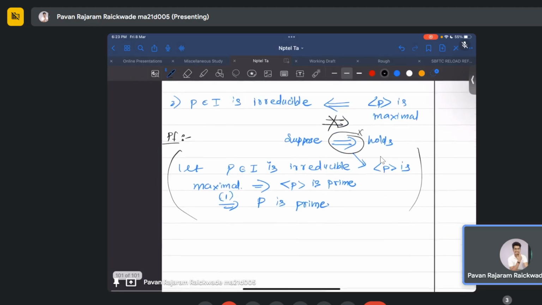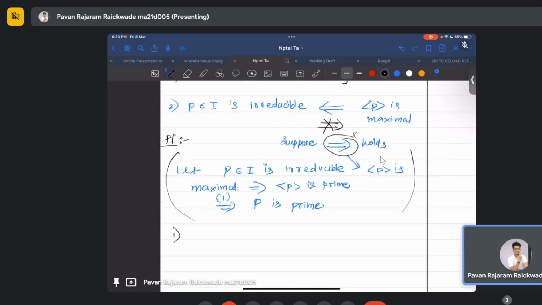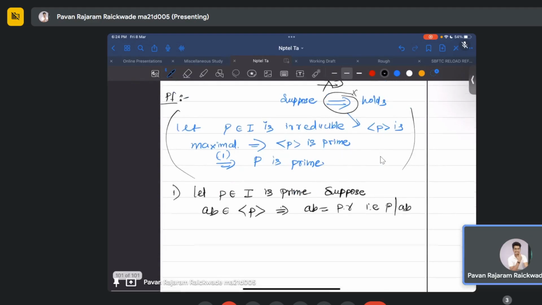So now we'll prove the original direction. One is very easy. I'll just give a quick proof. Prime. The claim is the ideal generated by P is a prime ideal. Suppose AB belongs to the ideal generated by P. What this implies is AB equals P times R. But this says P divides AB.